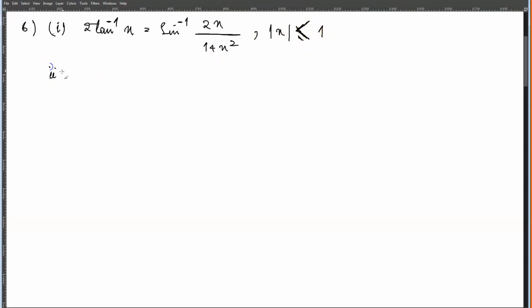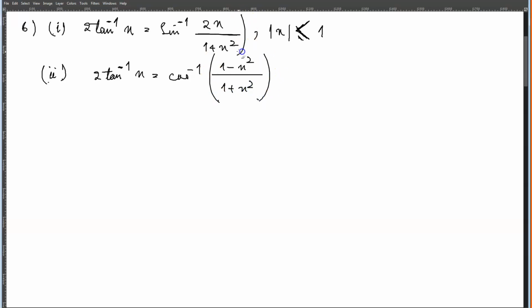Number 2, we have 2 tan inverse of x is equal to cos inverse of (1 minus x squared) over (1 plus x squared) for x greater than or equal to 0.